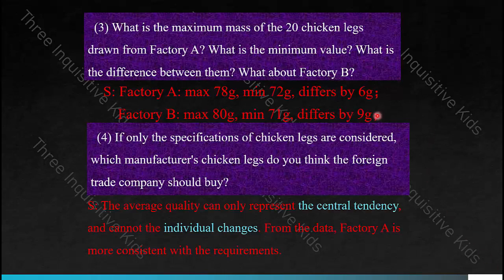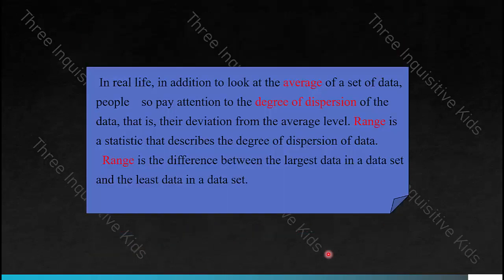We want it to be as close to that requirement as possible, so we should choose 6 grams. Therefore, Factory A is more consistent with the requirements. So we already know that their average is according to requirement, but which factory does a better job of sticking to and being more consistent with the requirement.